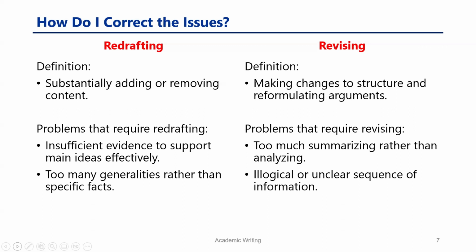Revising is making changes to the structure of the paper and reformulating arguments. Generally, that means rearranging things. Problems that require revising include too much summarizing rather than analyzing, and an illogical or unclear sequence of information.